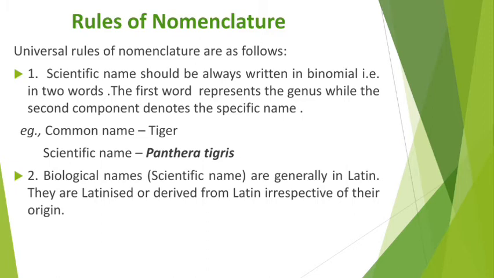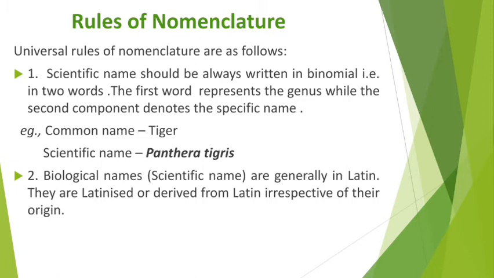So if a new organism is going to be given some scientific name, then that name should always be represented in Latin language or derivatives of Latin. You may give the name directly in Latin language or in languages that are derived from Latin. Clear?